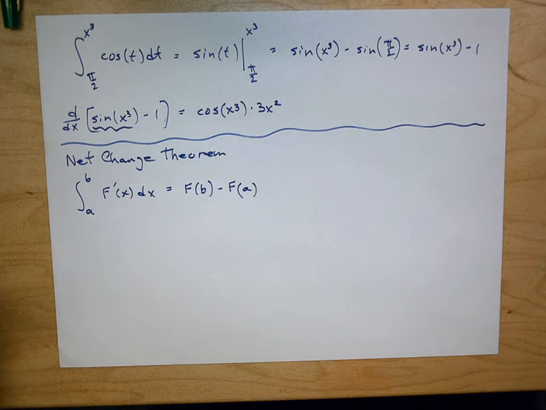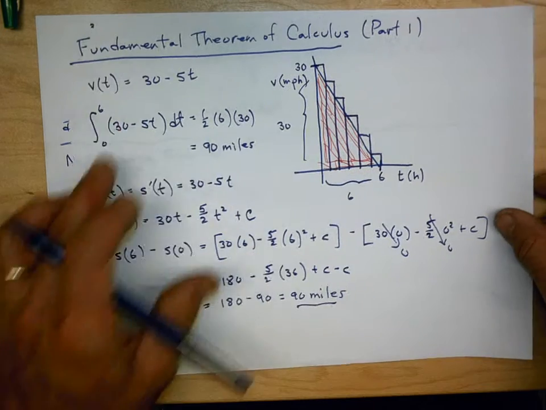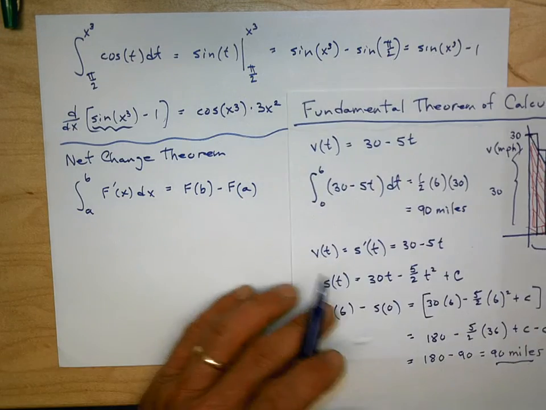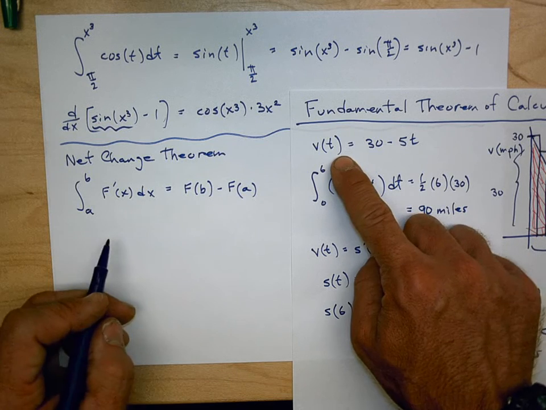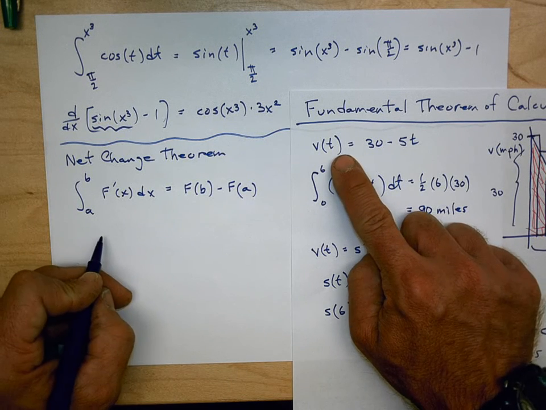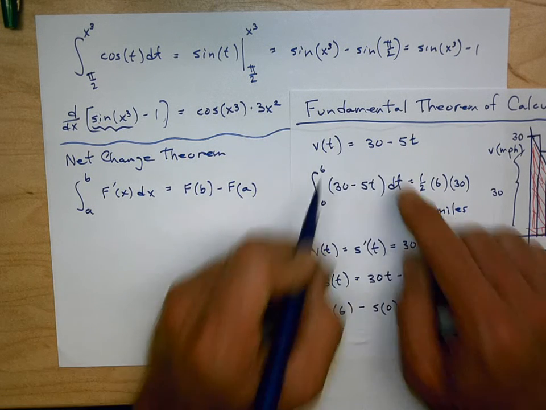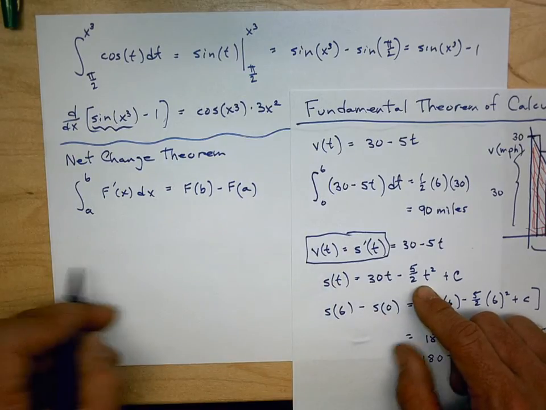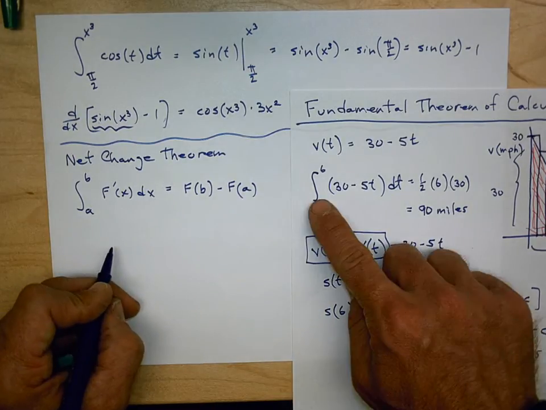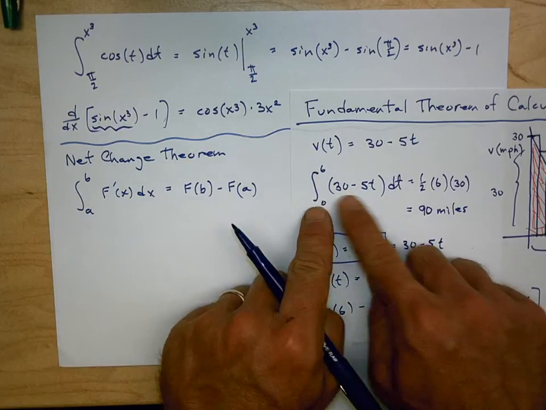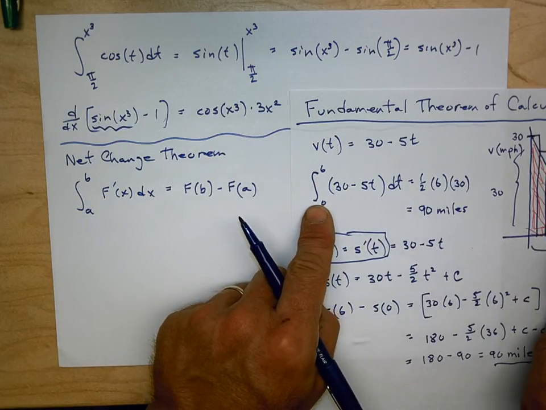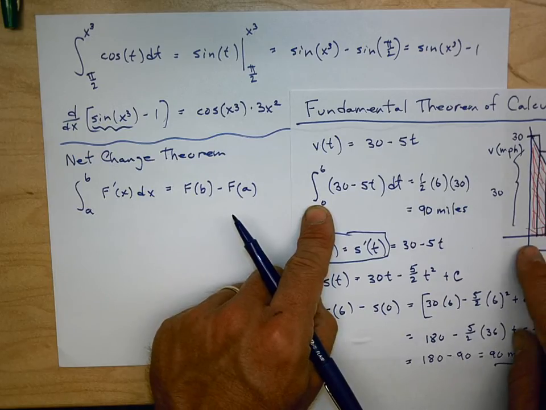And we've actually already seen this. If we go back, here's our notes from the first fundamental theorem of calculus. We had this relationship, right? So in other words, what we found here was velocity, which was the derivative of the distance function, right? So what we ultimately did here, because we wanted to find the net change, in other words, I want to find the amount of distance that had been covered from 0 to 6 hours.